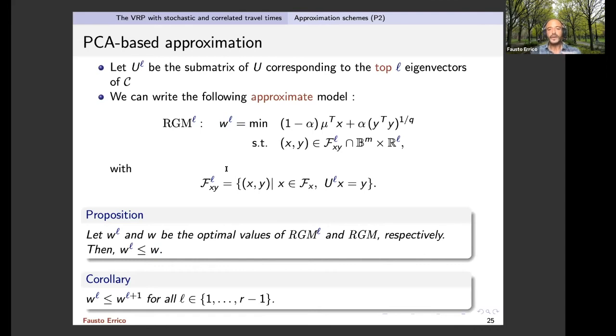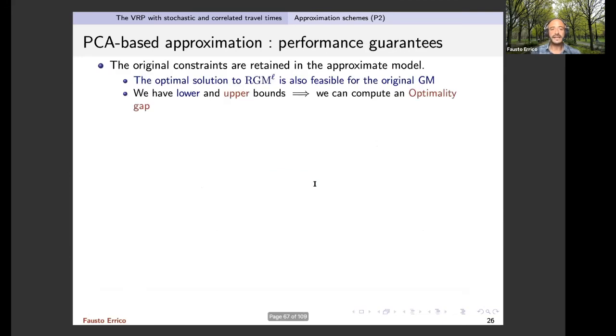Not only that, on the other side, the original constraints are retained in the new formulation. We didn't lose any of the constraints of the original formulation. So the solution of the approximate model is a feasible solution for the original problem, and it also gives us an upper bound on the value of the problem.